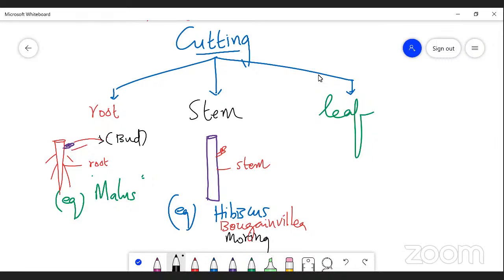The stem of these plants grows into a bud-like structure, and that bud grows into branches and leaf portion. That is called stem cutting.